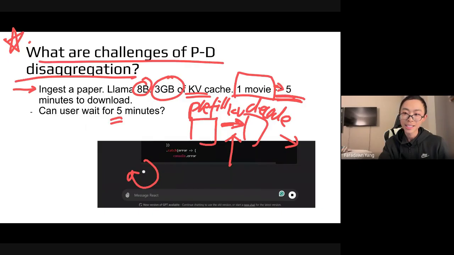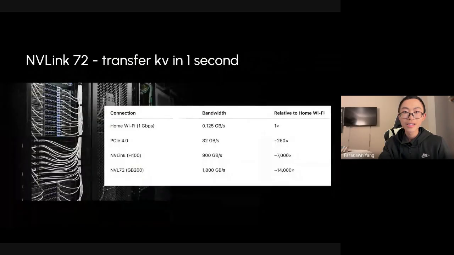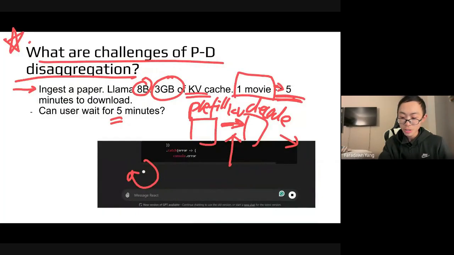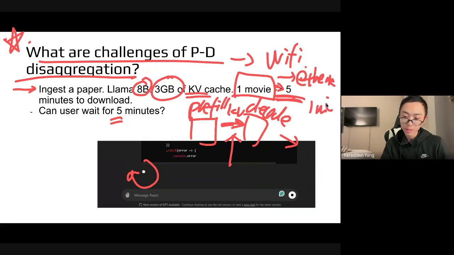And this is the title of the paper, Beyond the Buzz. So this is a true problem. If you use Wi-Fi or even plug in the Ethernet cable, you still need to wait like 1 minute to get a response.